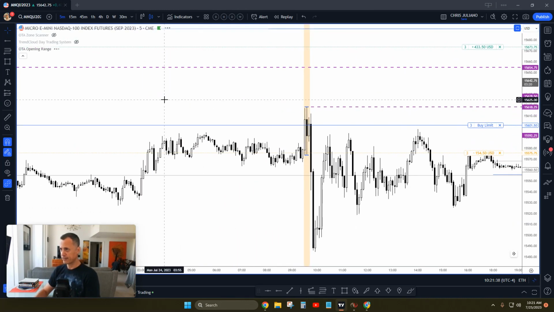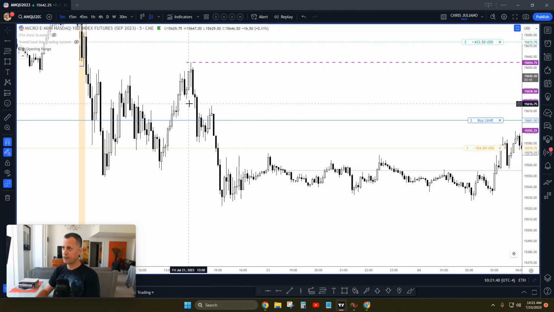What else did it break on the 5-minute chart? Here we go. Rally, base, drop. And that didn't break anything, right? It might have gone through this little thing right here, this little rally base rally here. So that's good. But this right here, rally base drop, broke some major structure to the left.